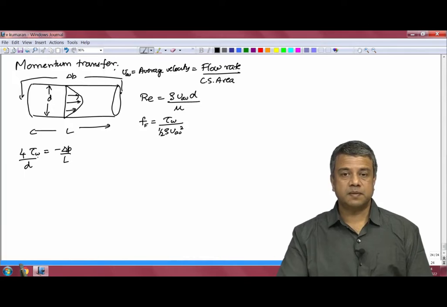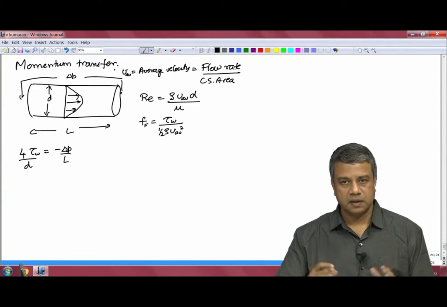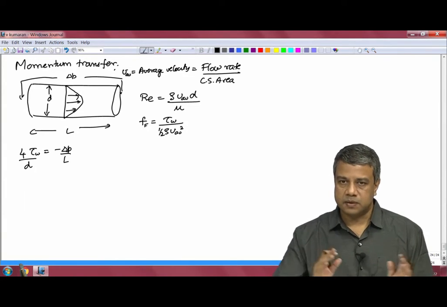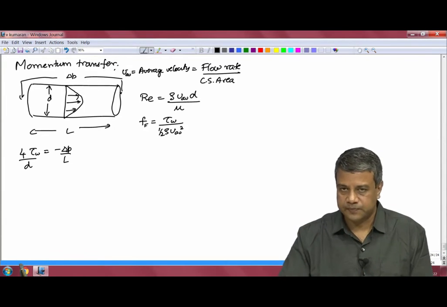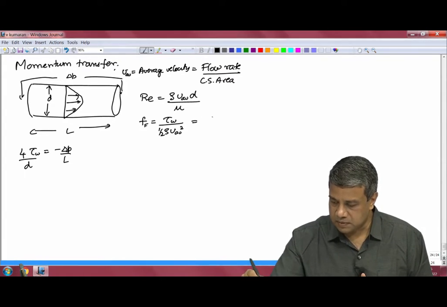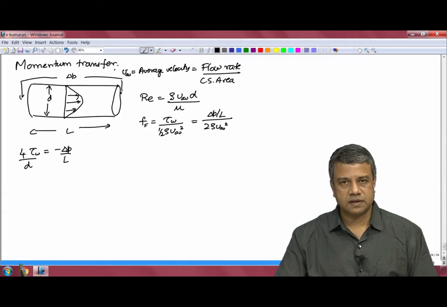By just balancing the stress exerted by the fluid on the walls of the surface of the pipe with the force exerted by the difference in pressure across the two ends. Pressure difference times the cross sectional area is equal to the wall shear stress times the curved surface area, and that gave us this relation. Based upon that, this can also be written as delta P by L by 2 rho V average square. So, this is the Fanning friction factor, and the Darcy friction factor is defined as 4 times that.